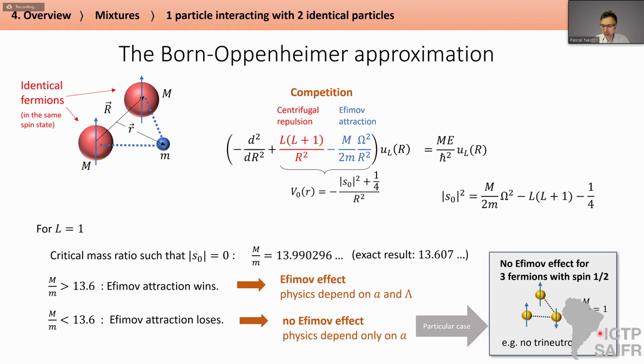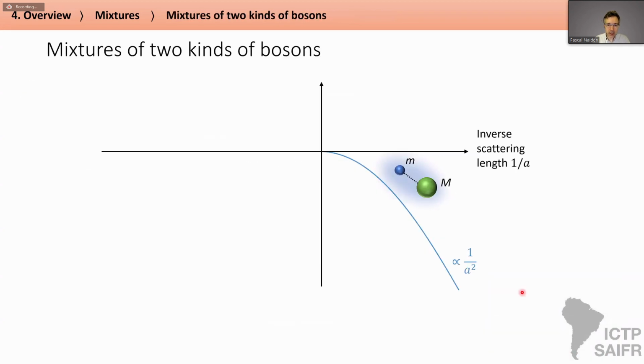And you can think, for example, of 3 neutrons. There are no such Efimov states because they have the same mass. And as a matter of fact, there's no evidence of tri-neutron. So that's consistent.